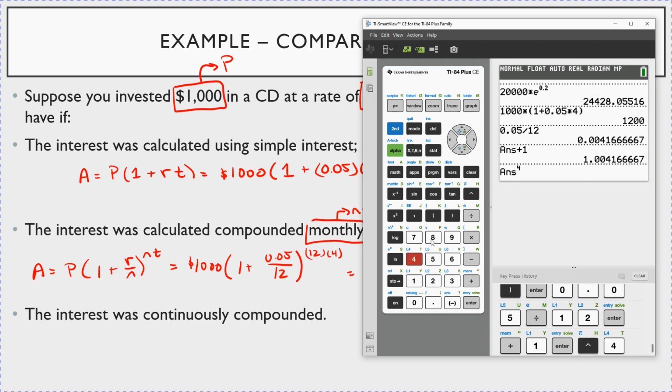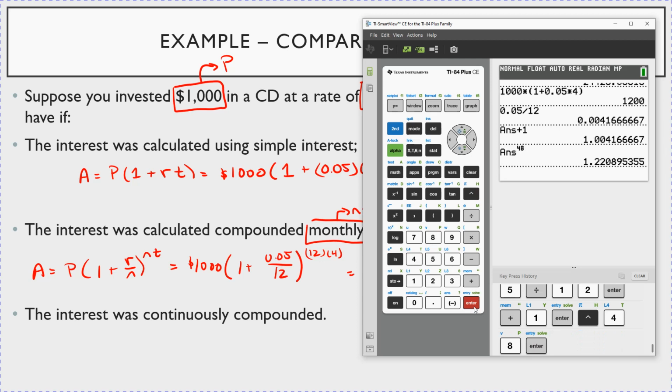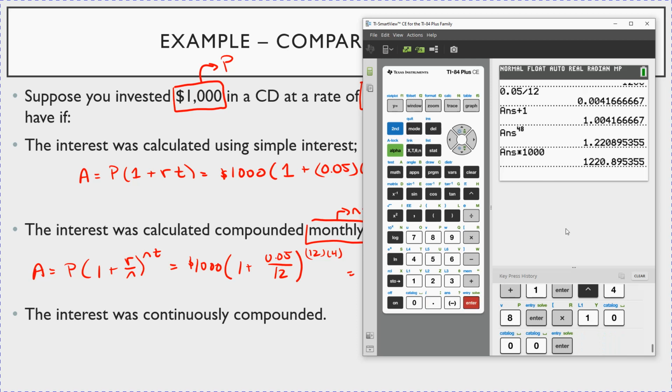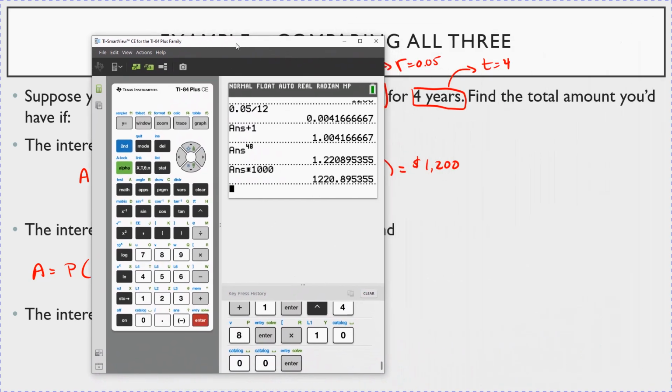That's 48. And then I'm going to times that by 1,000. And look, I got more money. I got $1,220.90. So I made an extra $20.90 here, which, over time and with a larger amount of money, really adds up.